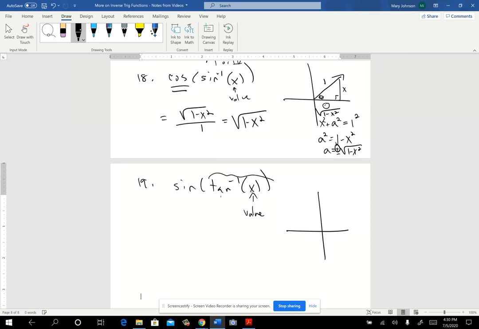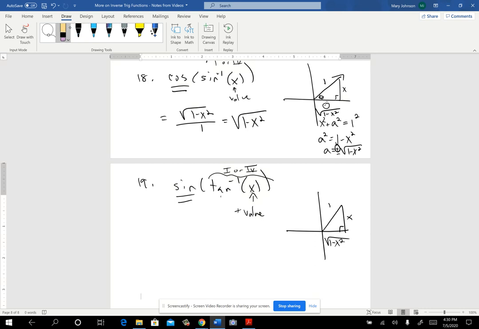Tan inverse has to be in the first or fourth. Since x has to be positive, it has to be in the first. So I'm going to draw it in the first. So I basically get that same picture as before. So let's go ahead and get that 1 minus x squared on there.